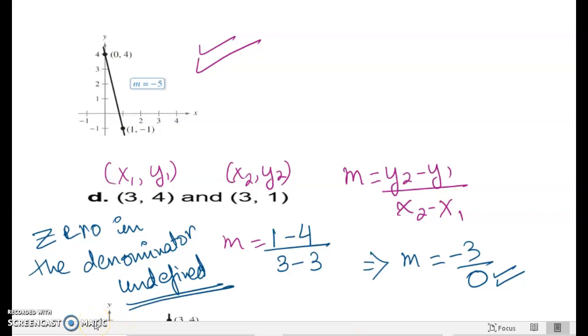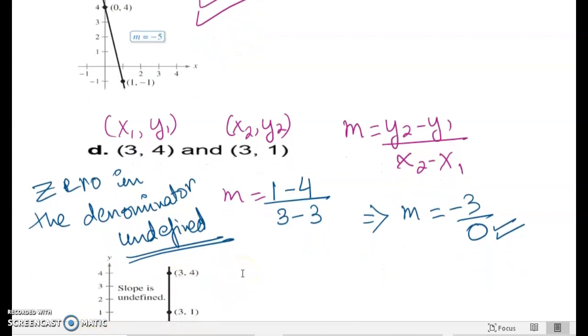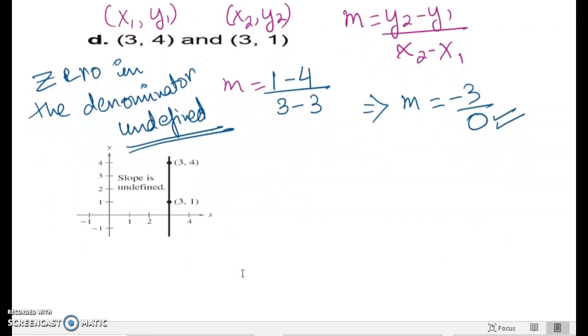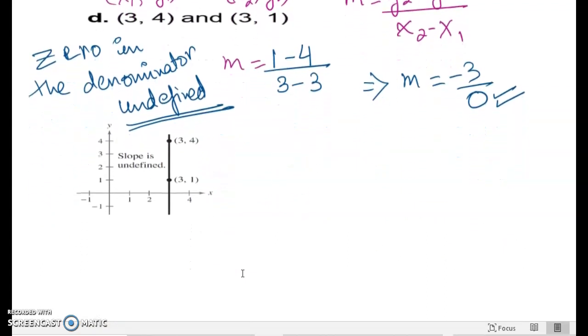And how does the graph of an undefined slope look? Because it is undefined, it will be a vertical line. Right? It is a vertical line. That's how an undefined slope will look. Okay, perfecto.